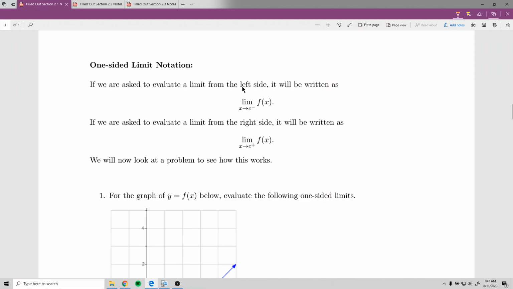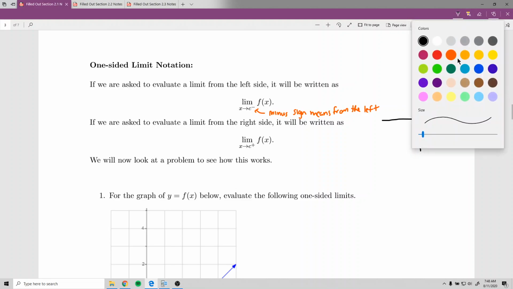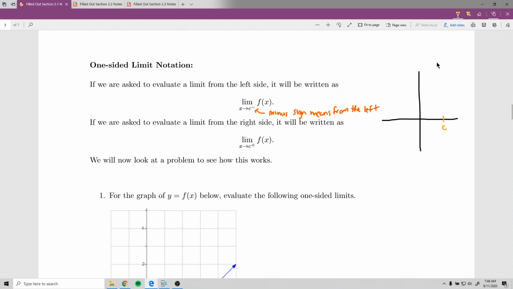If we are asked to evaluate a limit from the left side, it will be written almost exactly the same as before, but with this minus sign. It almost looks like an exponent, but it's just a minus sign on the c. Right, so just very quickly, if we have a little picture again, c, there we have our graph.